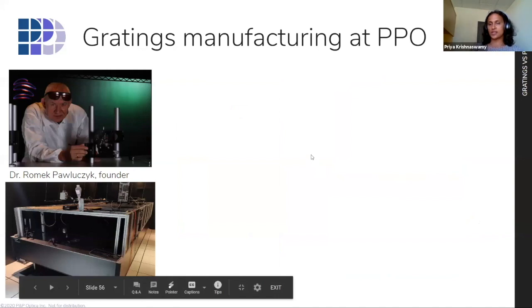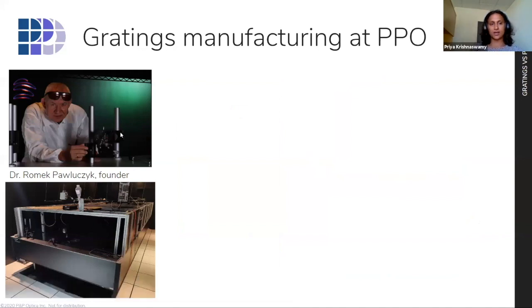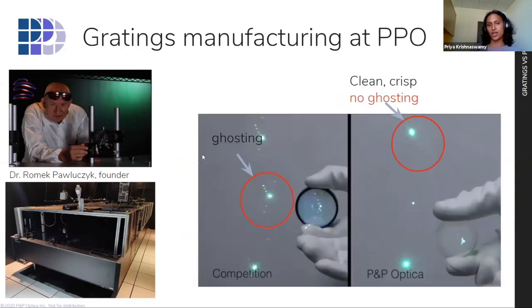So we manufacture gratings at PPO, and here is Romek, the founder, and he has a patented method of gel-based grating. It's important to understand how the gratings are made well, because we talked about noise before, and you can see here an example comparing a competitor and P&P Optica's grating.